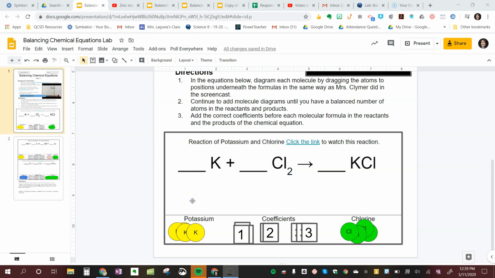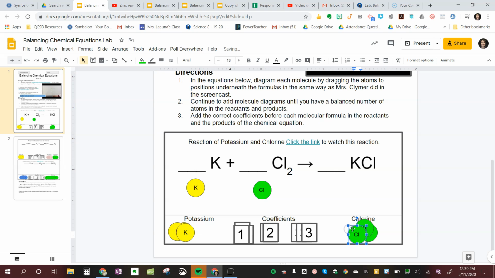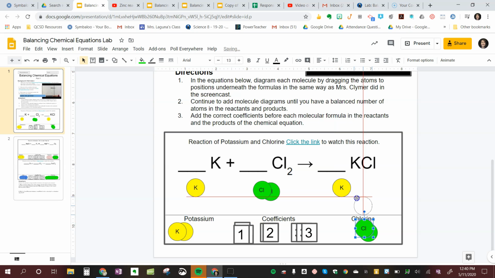In the first chemical reaction, potassium and chlorine react to form potassium chloride. And your first step was to model the reaction. So we're going to make a potassium chlorine molecule and a potassium chloride molecule on the right-hand side.